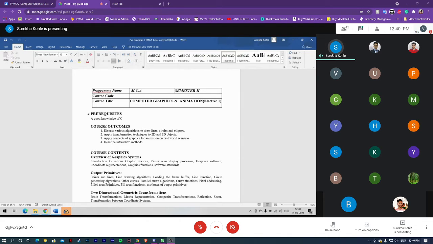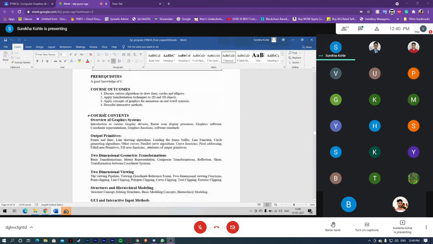Just like when we are using, I'm taking the example of MS Paint, when you draw a circle, which algorithm is running behind the system, and when we fill a particular color, how the color is going to fill. Different techniques are used: fill area functions, attributes of output primitives, so many things, right?